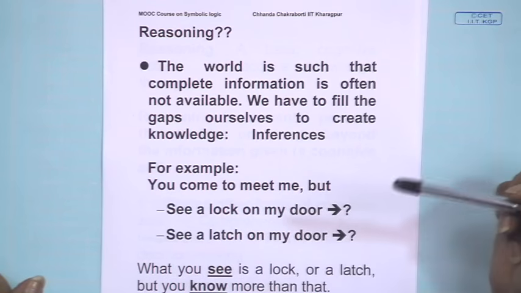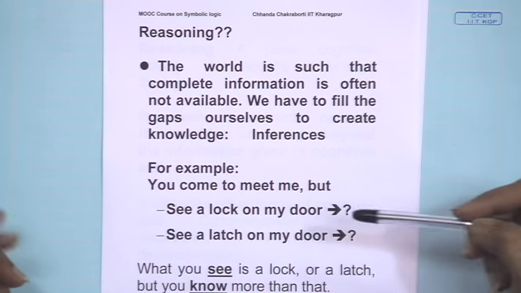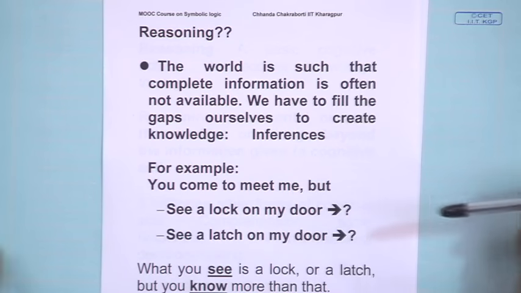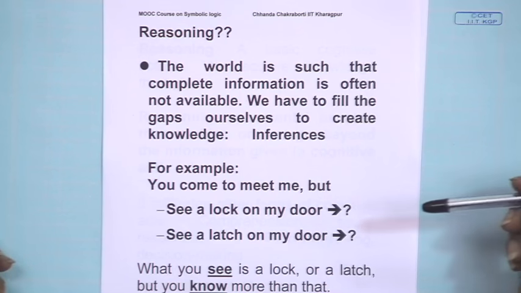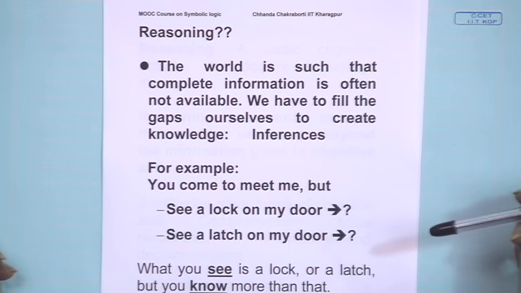Why do we need reasoning? The answer is quite clear: the world is such that complete information is not always available to us. When that happens, we fill up those gaps where information is not available with a different kind of cognitive process. And that is where you will find what reasoning is.